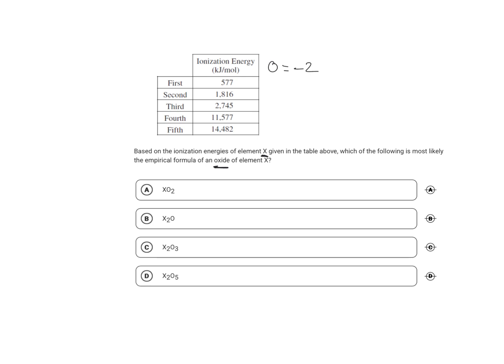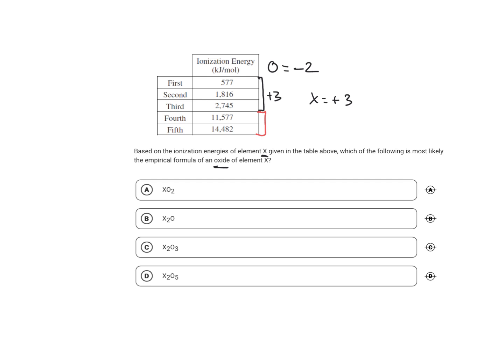Looking at our ionization energies, these three are all pretty close to each other, and the fourth and fifth ionizations are extremely high. So likely this is forming an ion of +3, because those first 3 electrons are relatively easy to remove, whereas the last 2 are going to be very difficult to remove. So X likely will form a +3 charge.